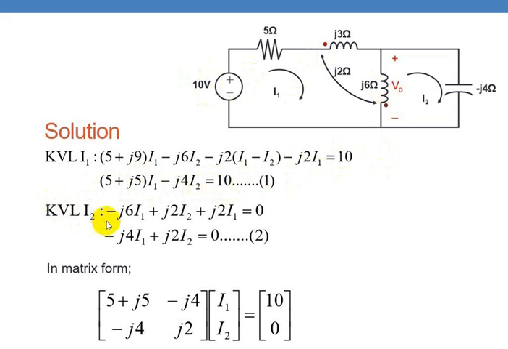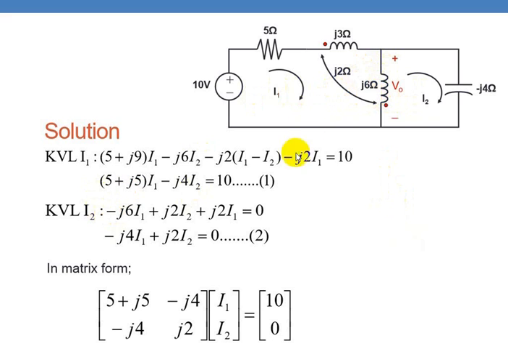Similarly for the second mesh, we'll write the equation. So Z21 is nothing but the drop in the branch which is common between the second mesh and the first mesh. So that is J6 into I1.